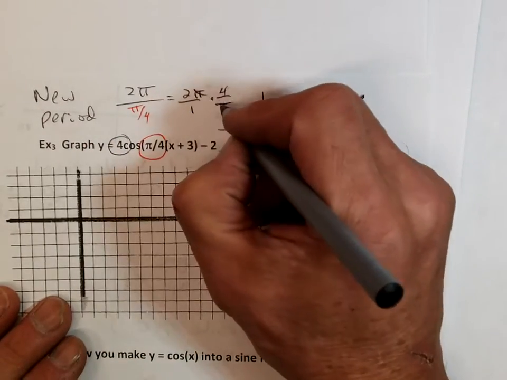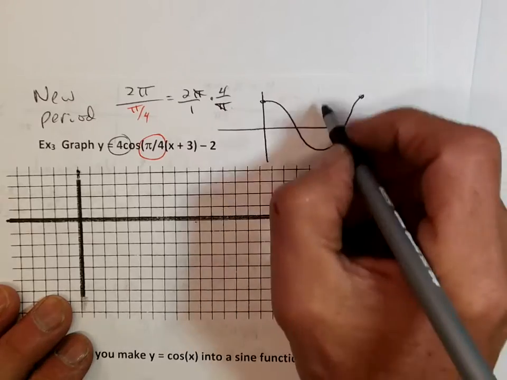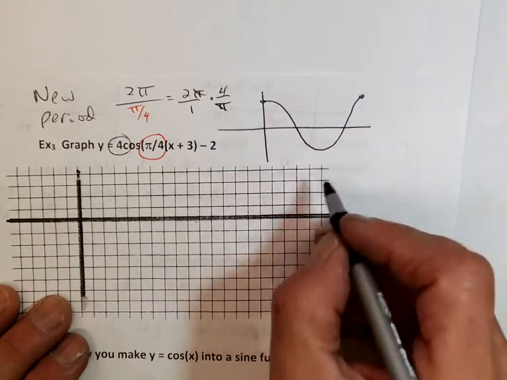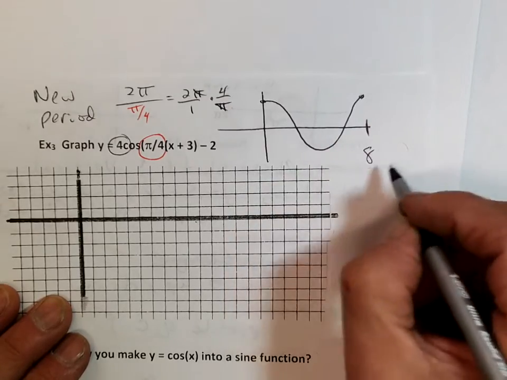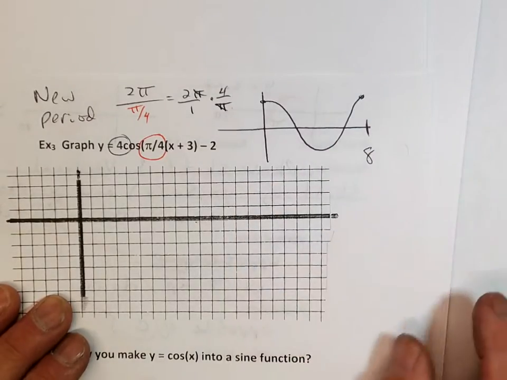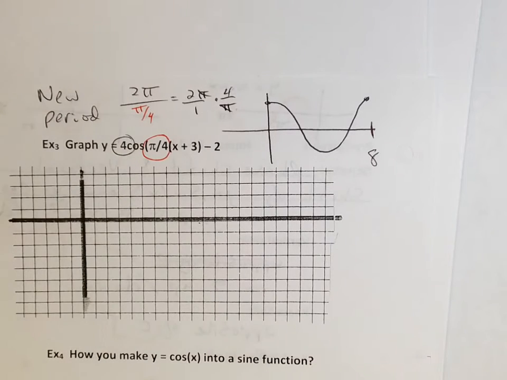Pi's cancel, and the period of this curve is 8. And that makes sense to me.